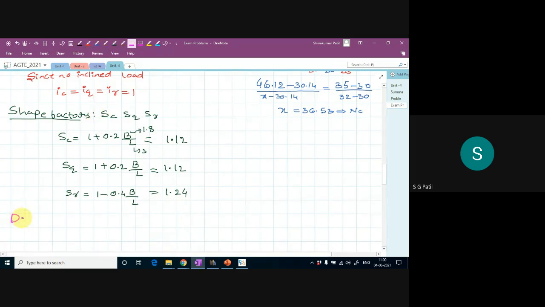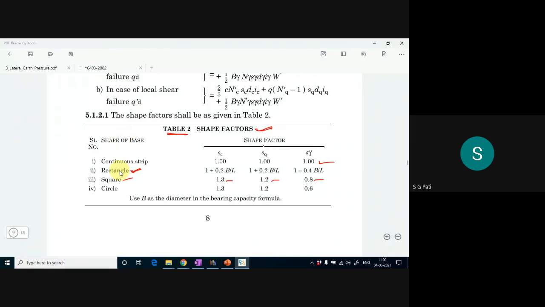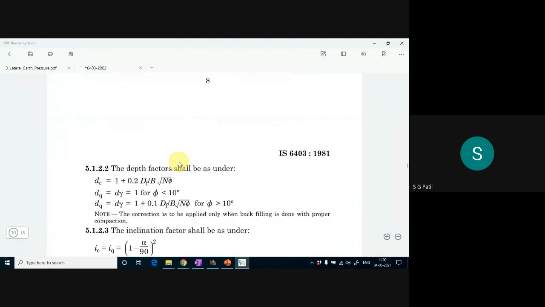Depth factors. What are those depth factors? DC, DQ, and D gamma. Again, you have to check the formulas for DC, DQ, D gamma. See IS 6403, section number 5.1.2.2, where you have the depth factors.